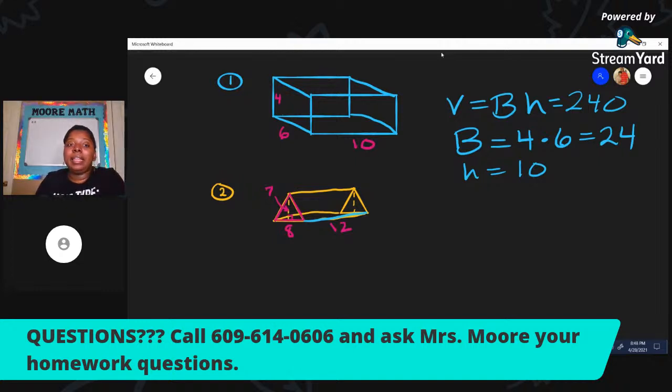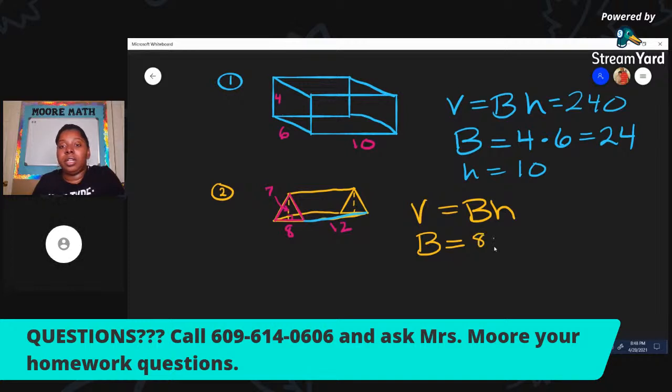Great job. Okay. Now, did you get a chance to finish number 2? Yeah. Okay. I got 336. Okay. So tell me how you did it. I did 8 times 7. Good. Uh-huh.